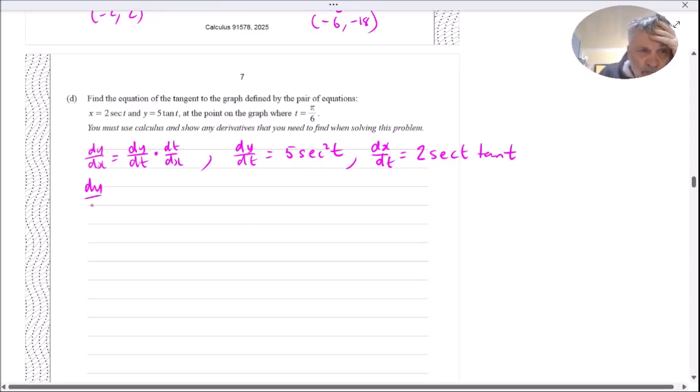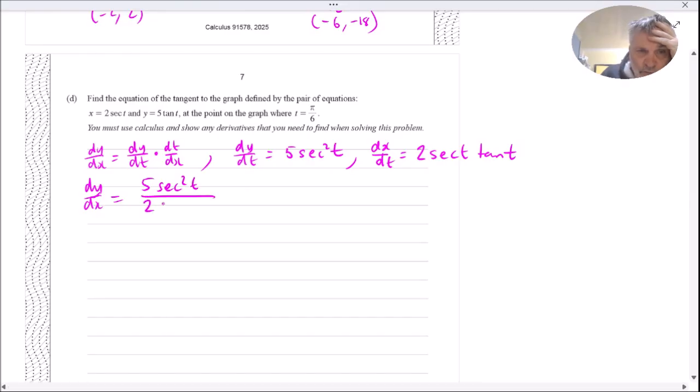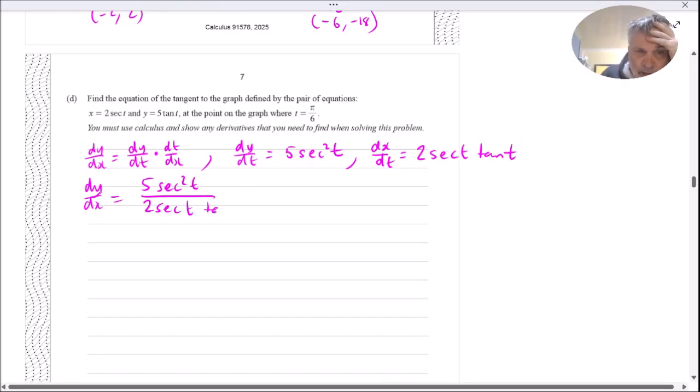So dy by dx is equal to 5 sec squared t over 2 sec t tan t. The sec t cancels with one of the sec t's on the top, so we've got 5 sec t over 2 tan t.